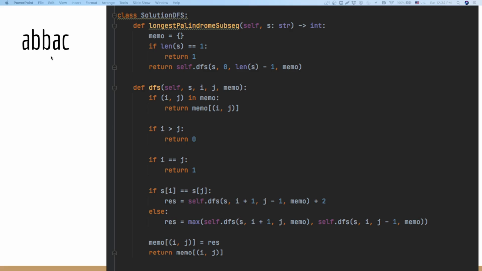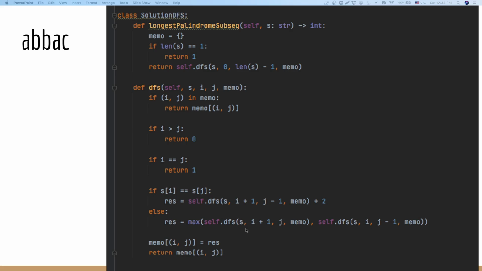So in here, just like we described before, we're going to sacrifice one character. We know A and C are not matching, so we either sacrifice A, it becomes BBAC, or we sacrifice C, and j will be shrunk to the left, and that's how the recursive function works right here. Or we can have i plus 1. Oh, I'm sorry, i plus 1 is actually this, and j minus 1 will be here.